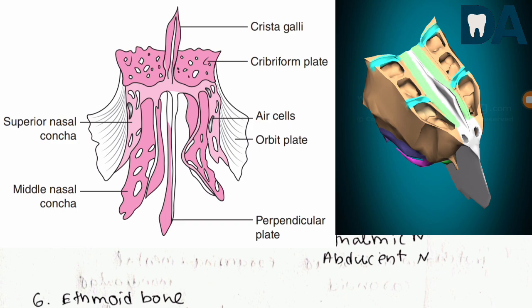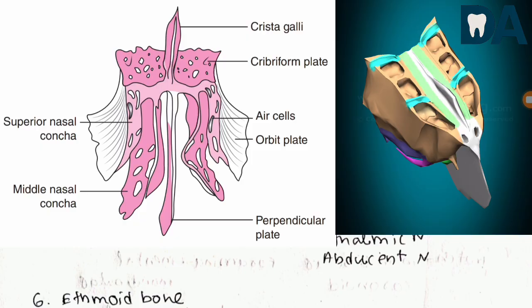It exhibits the following extensions: perpendicular plate. It is the downward extension that forms the upper part of the nasal septum. It divides the nasal cavity into two cavities, referred to as the nasal fossae.